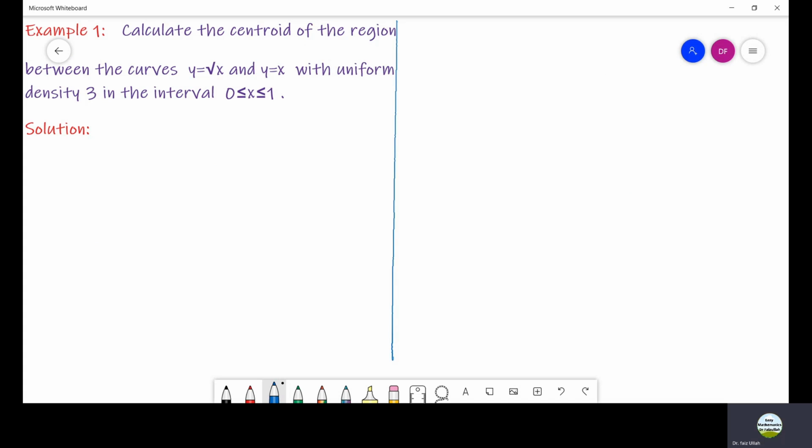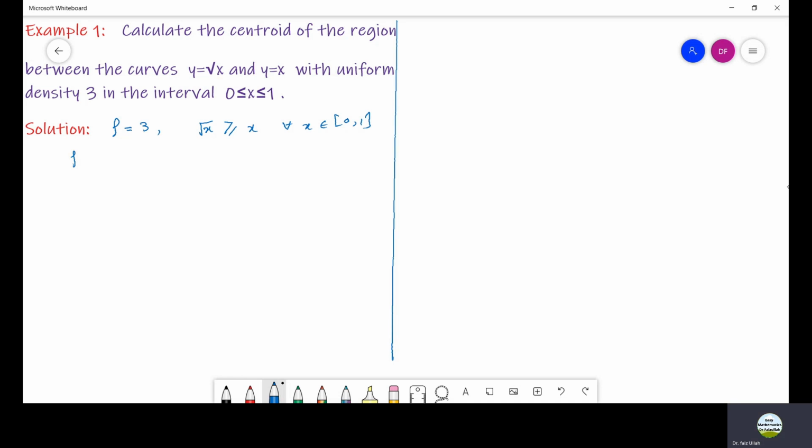In example number 1, we are given that density is constant, which is equal to 3. And here we can see that square root of x is greater than or equal to x for all x belonging to [0, 1].